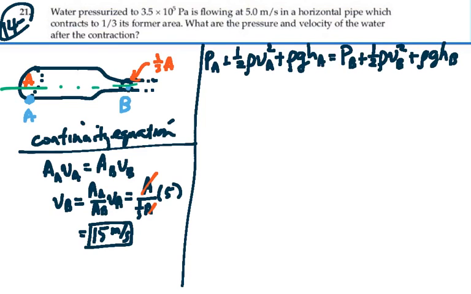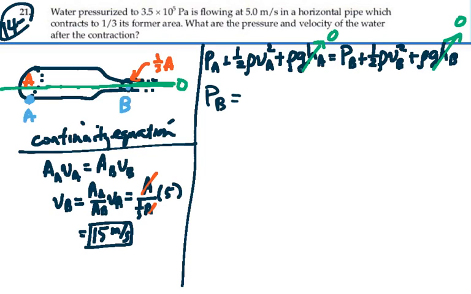So if we define our height all the way through here as being 0, then our height at A is 0 and our height at B is 0, and we don't have to worry about our rho g h terms. We are given the absolute pressure at A, and we wish to find the absolute pressure at B, so we're going to solve this for the absolute pressure at B.